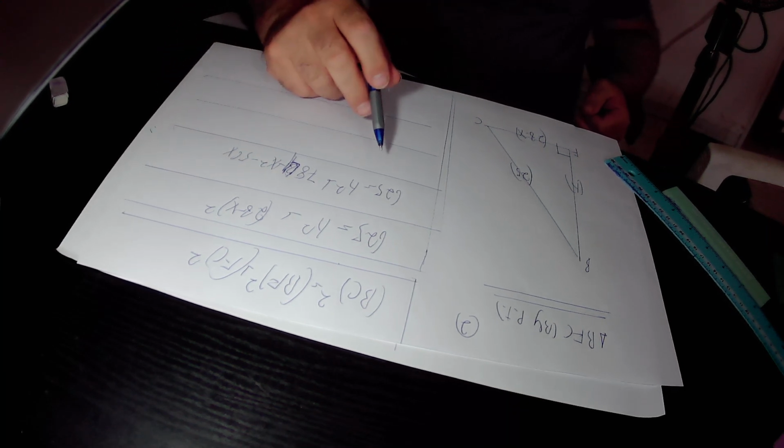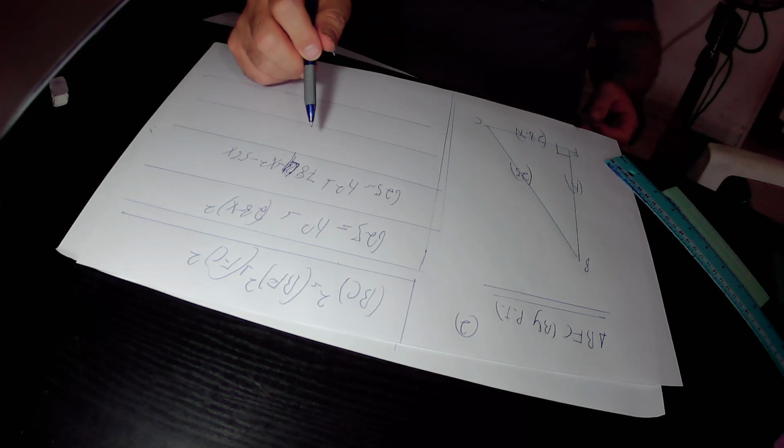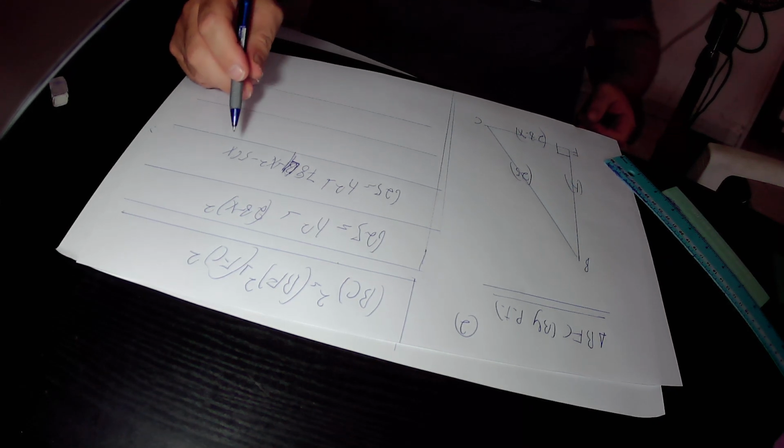So we found out that 625 equals h squared plus 784 plus x squared minus 56x.